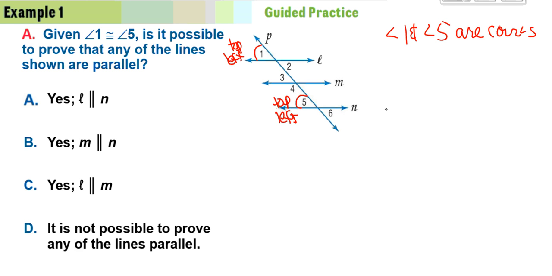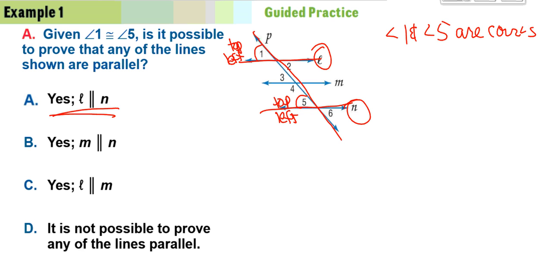And what lines did we say they were? Maybe now I'll just write them with my red color here. That's L and N. So which one says yes and L and N? It's letter A.